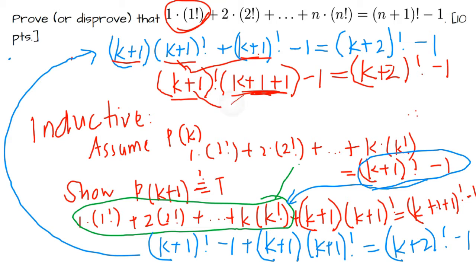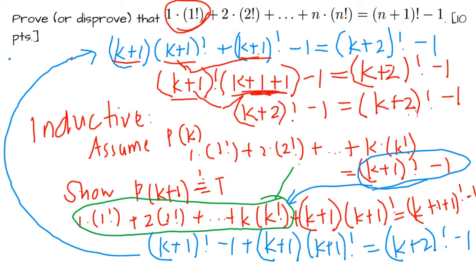So this will be (k plus 2) factorial minus 1, thus equal to the right hand side, (k plus 2) factorial minus 1. And that's it.